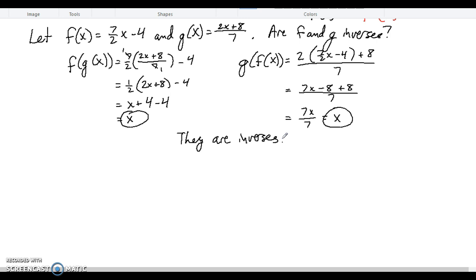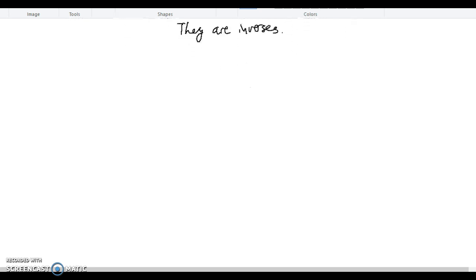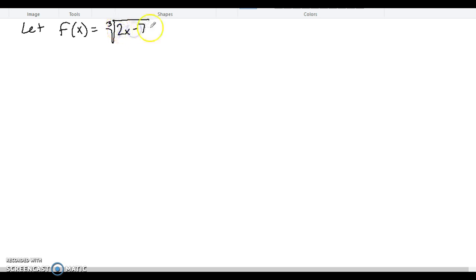Well, that's all very well. But how did I come up with these two functions that were going to be inverses? So let's find inverse functions. We're going to do that by first saying let f of x equal the cube root of 2x minus 7.